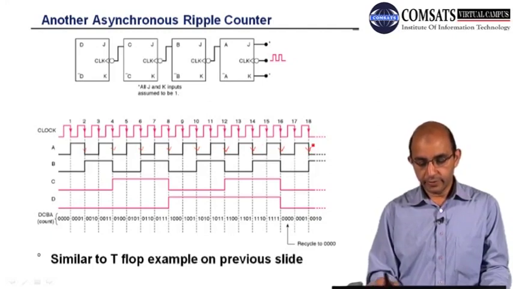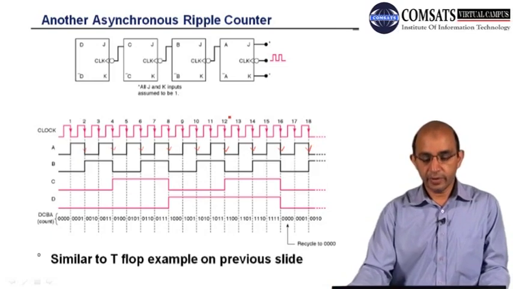Now I will be doing the same. This is my clock, and I have assumed that all the JKs are ones all the time. Now I will be computing the output for this flip-flop, and that is a very important and key point.